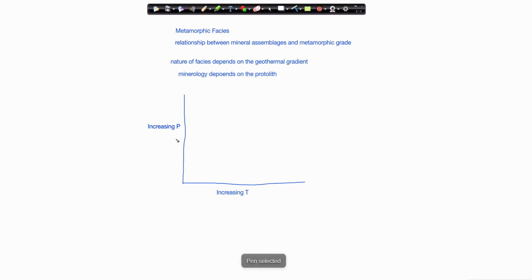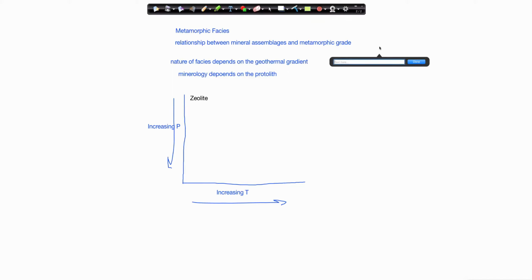So pressure is going to increase this way, temperature is going to increase that way. So up here, we're going to have the zeolite facies. Zeolite facies is due to shallow burial. So it is low temperature and pressure.